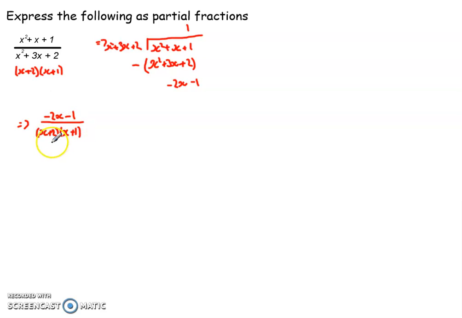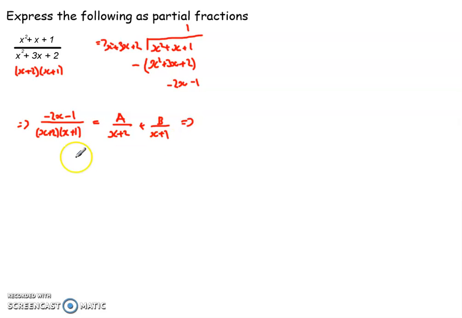That means I've got distinct linear factors on the bottom, so I know it's going to be written in the format a over x plus 2 plus b over x plus 1. So this remainder has to be written in this form. This part here, where we've got our answer from our division, will come into play at the end.